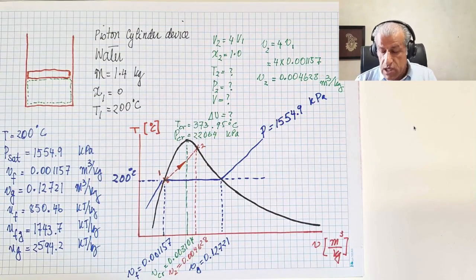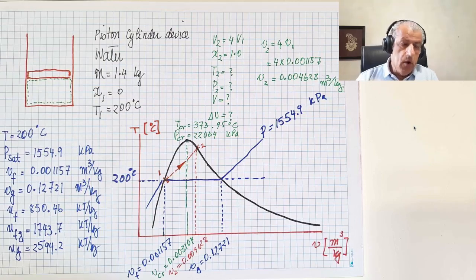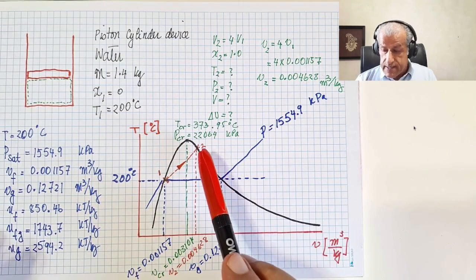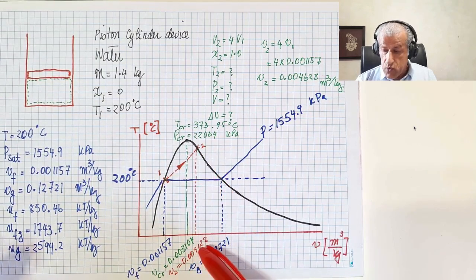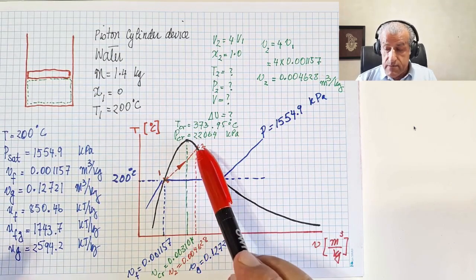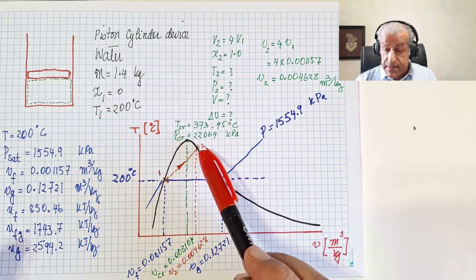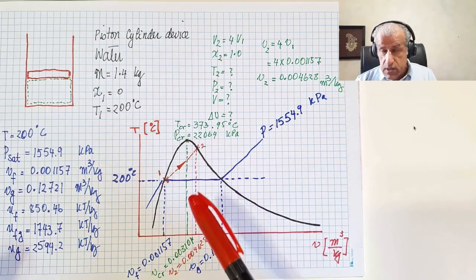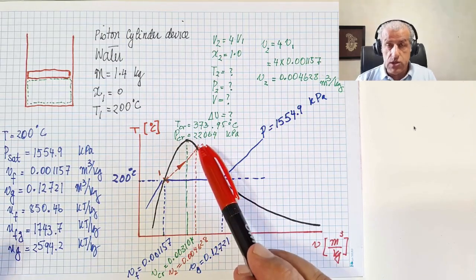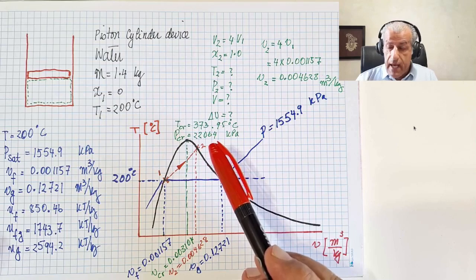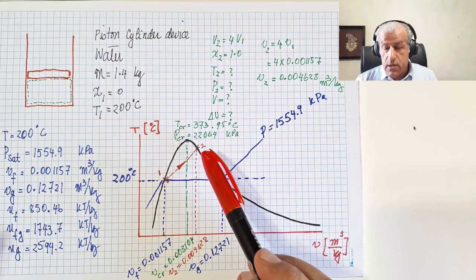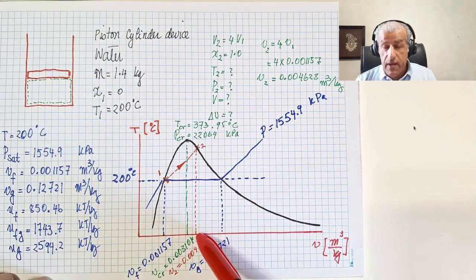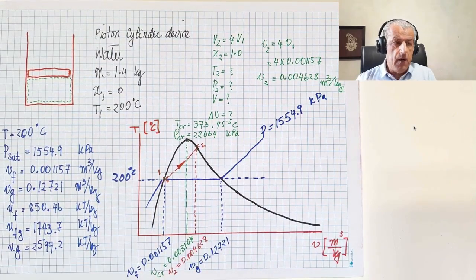All are changing. Now, point 2 is a point where its specific volume is known. It is known that this is saturated vapor, and with just these two pieces of knowledge, we can move to the tables and read what temperature and pressure correspond to this specific volume and saturated vapor.